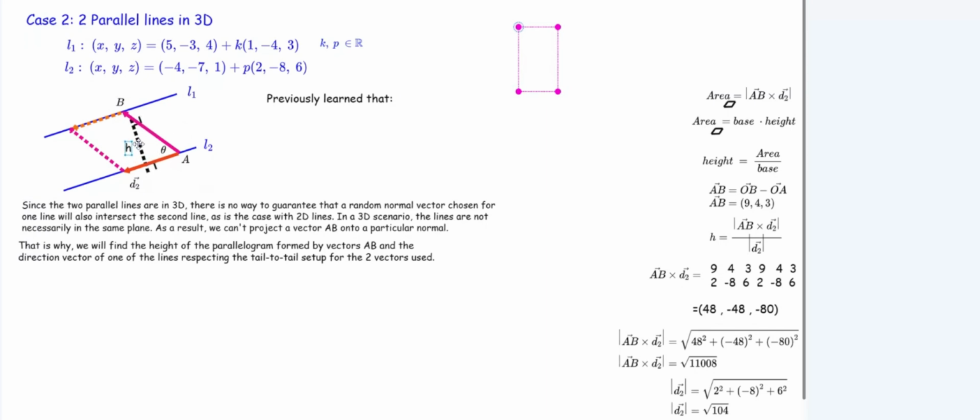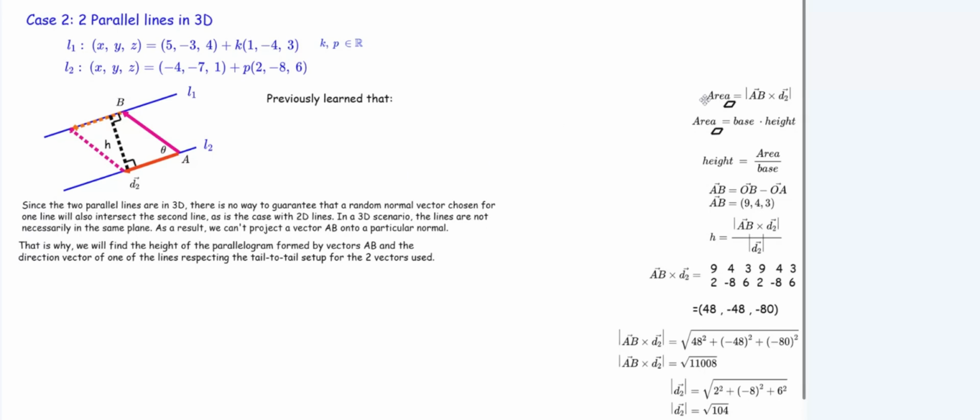Now I'm going to bring in that segment that is perpendicular to both. It's perpendicular to line 1 and line 2, but at the same time it is the height of that parallelogram. So now the exercise changed to finding the height of a parallelogram rather than the distance between two parallel lines.